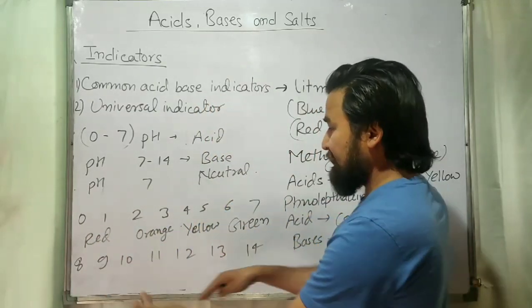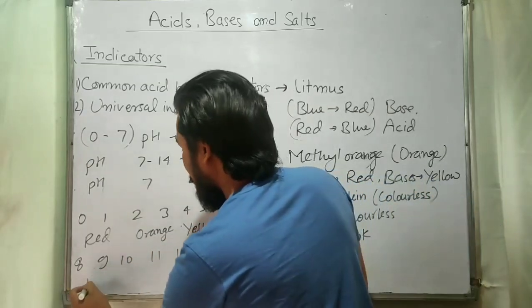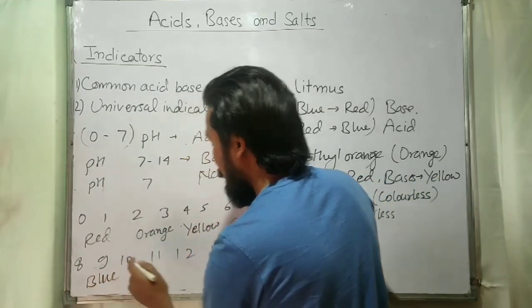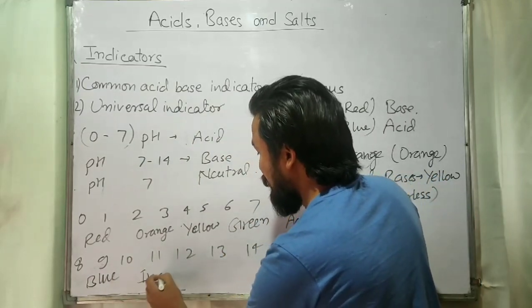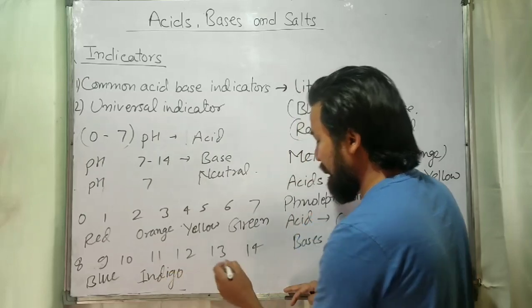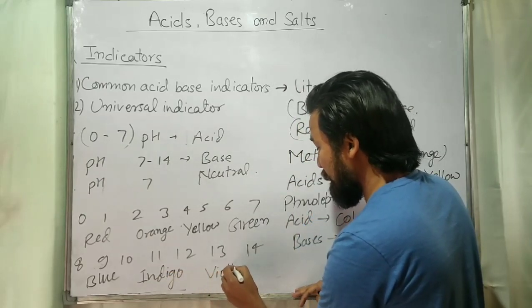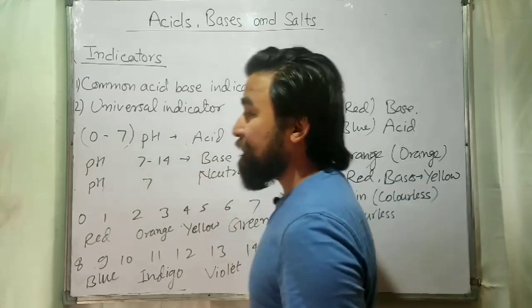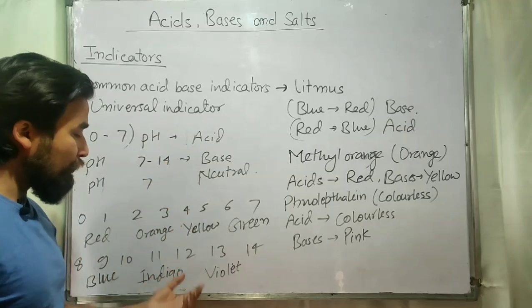Similarly, as the pH increases and the substance becomes basic, the color changes to blue. More basic, it becomes indigo, and more basic it becomes violet. So you can see at different pH the universal indicator will show different colors.